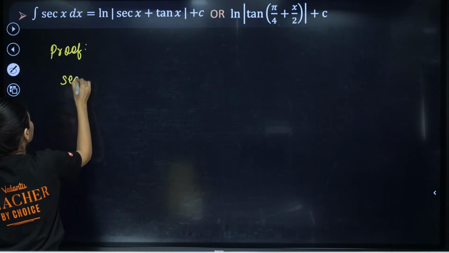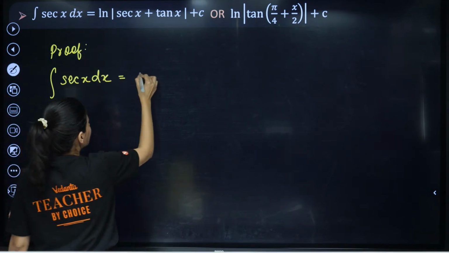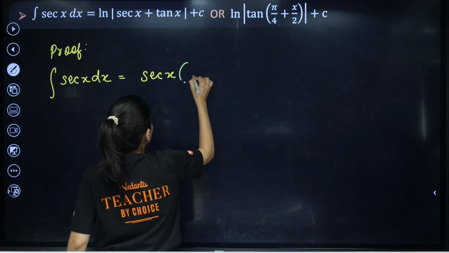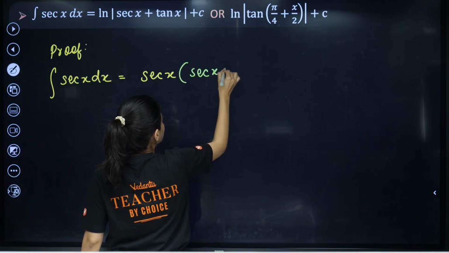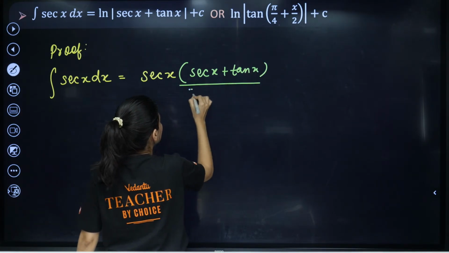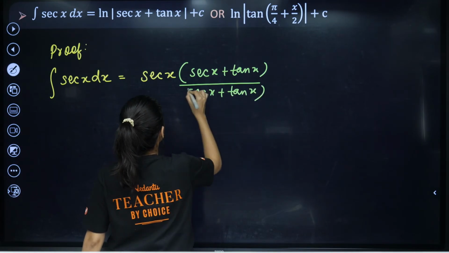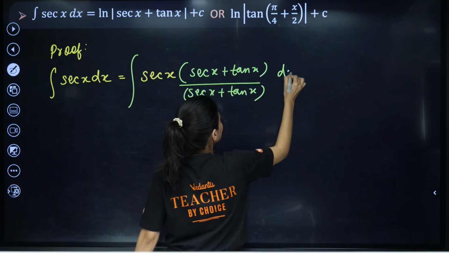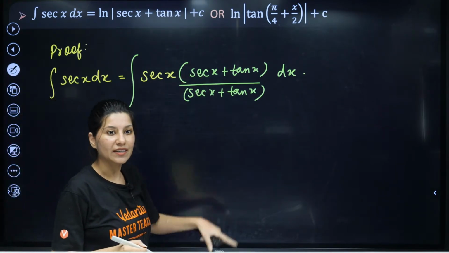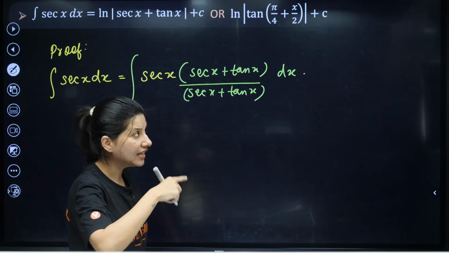To find the integration of sec x, I'm going to multiply and divide by sec x plus tan x, integration dx. Understood? I have multiplied and divided by sec x plus tan x, numerator and denominator.